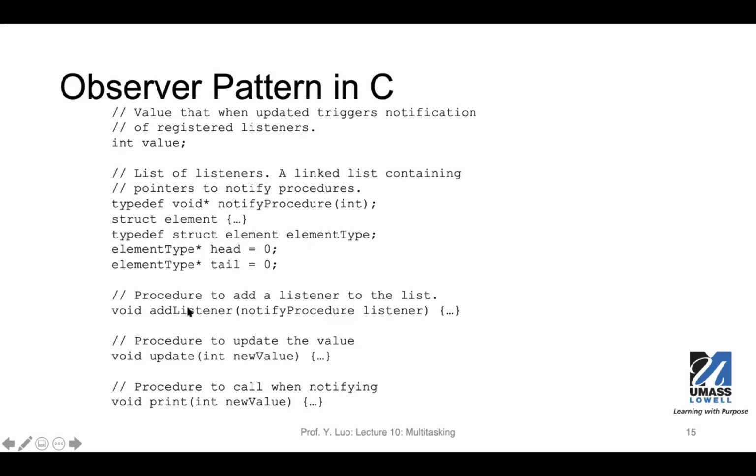And then we have a procedure to add a listener to the list, and also a procedure to update the value so that the listener functions can be called using this new value. And the exact procedure to call, notify, is simply a print function. So this is the overall code that we should have in this C program.